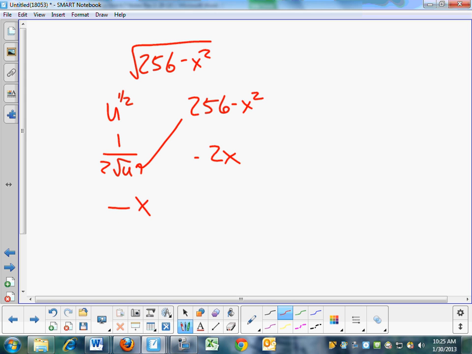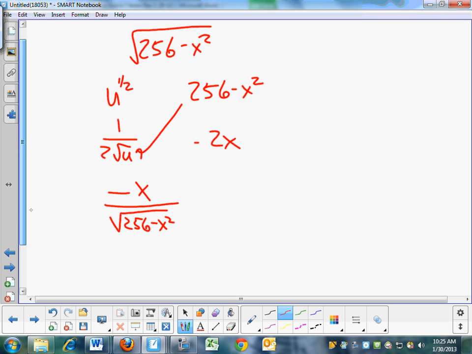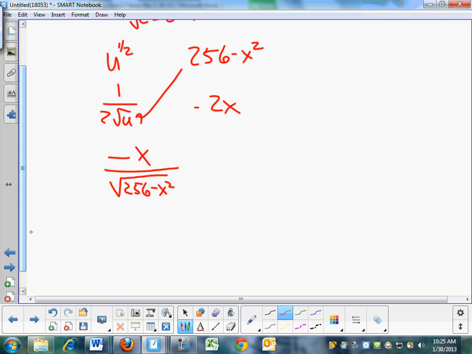X on top over the square root of 256 minus x squared. Square root in the denominator. Only if it contains a variable, it's okay. Everybody understand how I got my derivative?